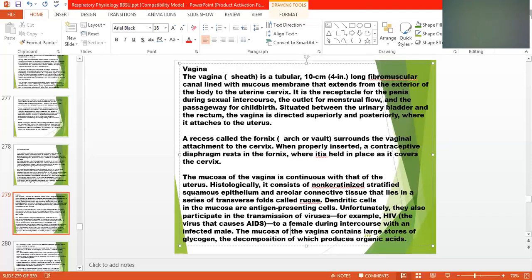As you have seen, the vagina, the female organ, is a length of 4 inches, and except for the male organ, is a passage for the sperm as well as for the urine, as well as the passage for the fetus to come out at the time of childbirth.